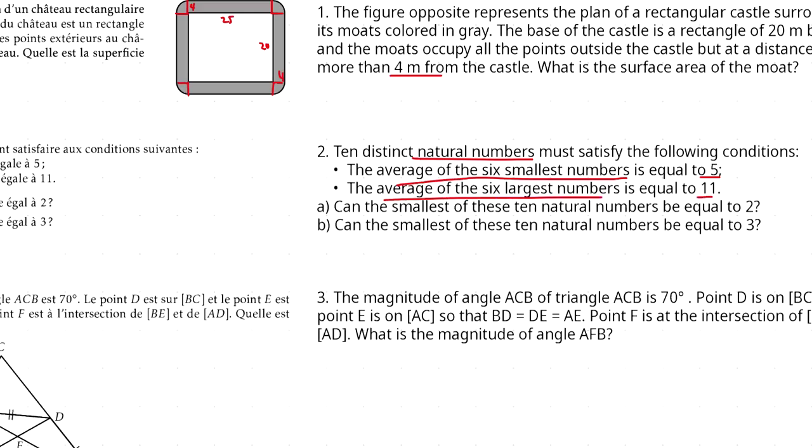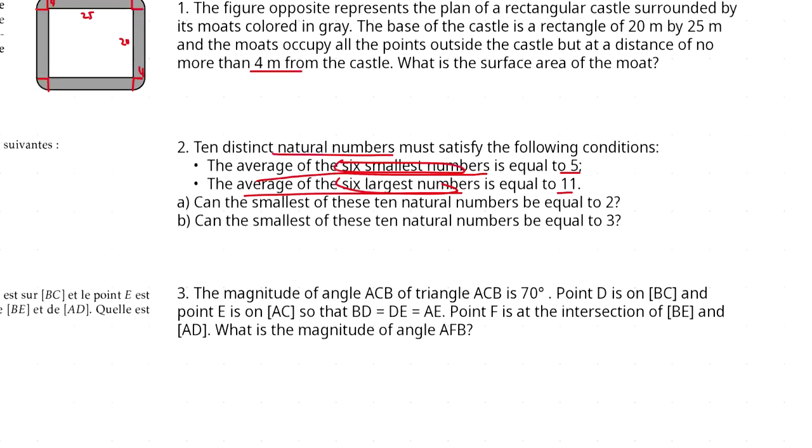Because it's an average, right? And we know the count of numbers is 6, meaning that the sum of the 6 smallest numbers will be 5 times 6, average times the number of numbers, which gives us 30.